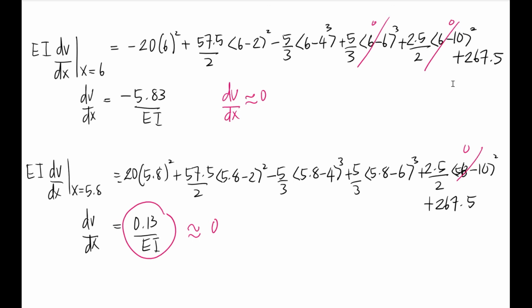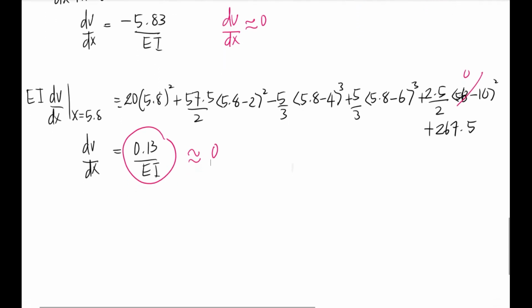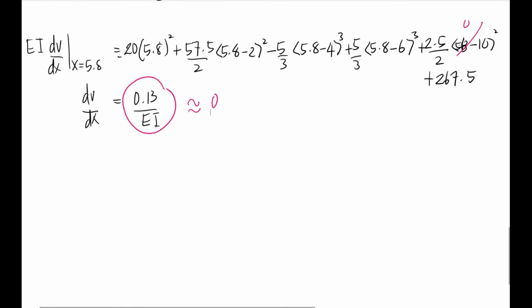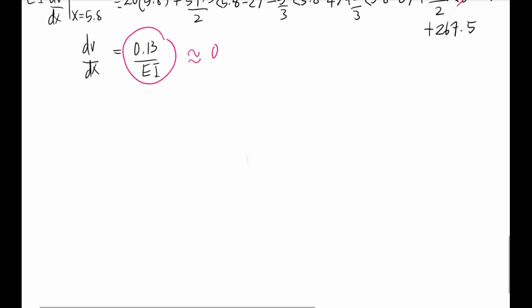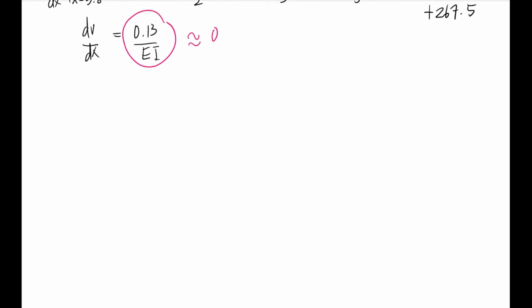Okay, we need to find the maximum deflection between point B and E. Therefore, we will use x equal to 5.8. Since it's close enough, but you can check this by linear interpolation between the values. Okay, by using x equal to 5.8, we substitute into equation number 5.